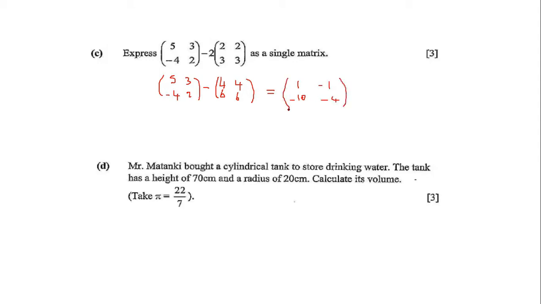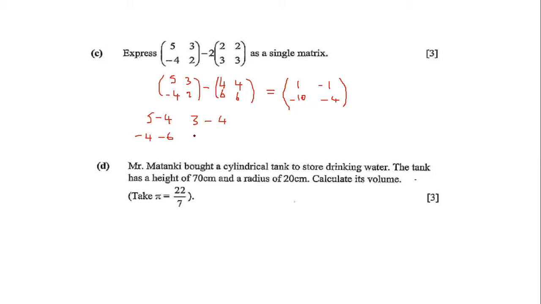Now, just for the sake of showing the work, this one will be like this: 5 minus 4. This one will be 3 minus 4. Then this one will be negative 4 minus 6.